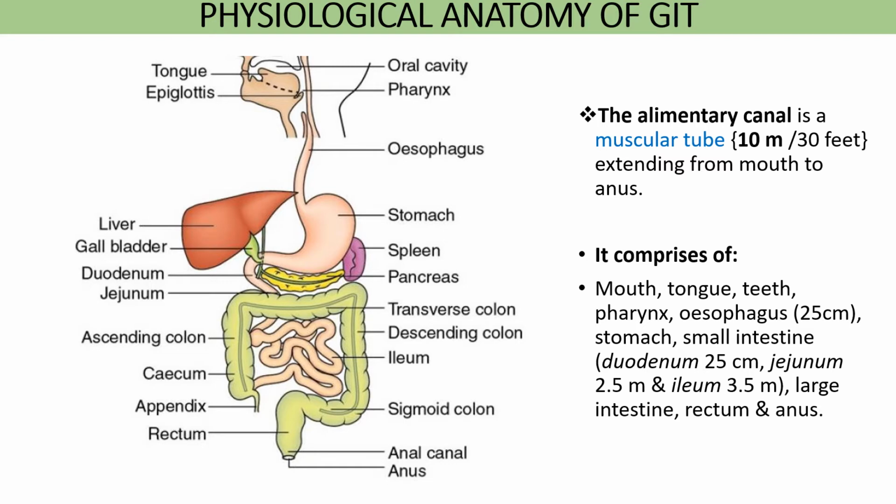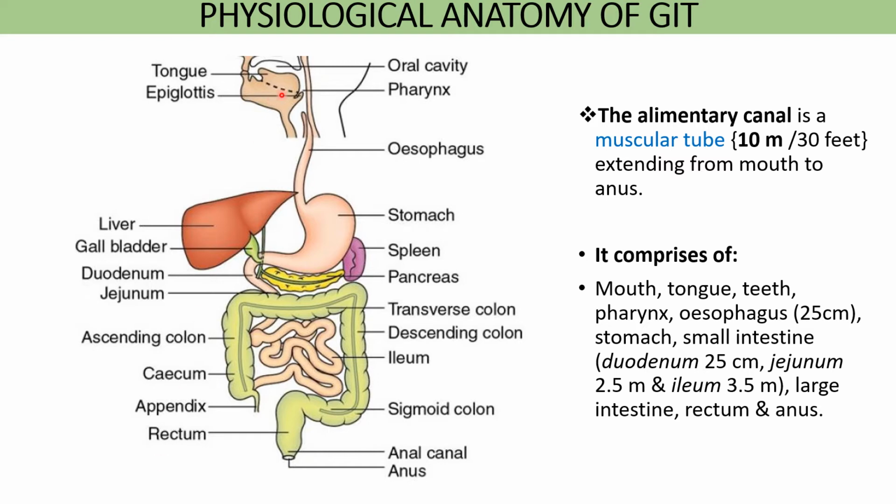It comprises the mouth, tongue, teeth, pharynx, esophagus, which is 25 centimeters in length, the stomach, the small intestine, which has three parts, duodenum, jejunum and the ileum, the large intestine consisting of the ascending colon, the transverse colon and the descending colon, and the lowermost part, that is the rectum and the anus.